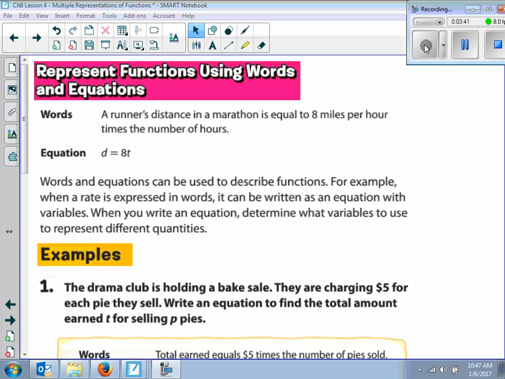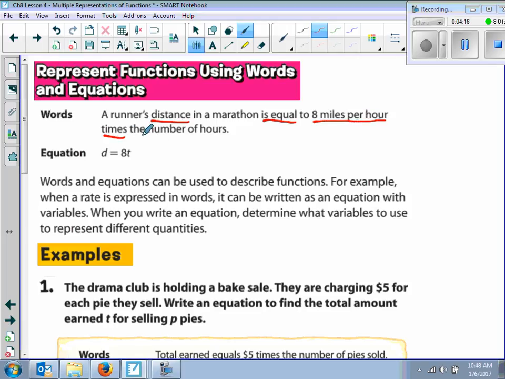So, like I said, we are going to represent functions in different ways. So here we have functions represented in words and as an equation. So in words, the example says a runner's distance in a marathon is equal to 8 miles per hour times the number of hours. Okay? So if I look in the words, you see the equation. It says distance is equal to 8 miles per hour times the number of hours.